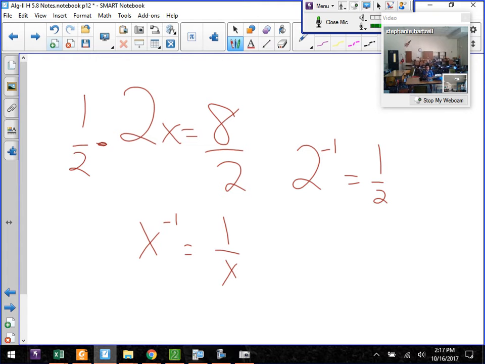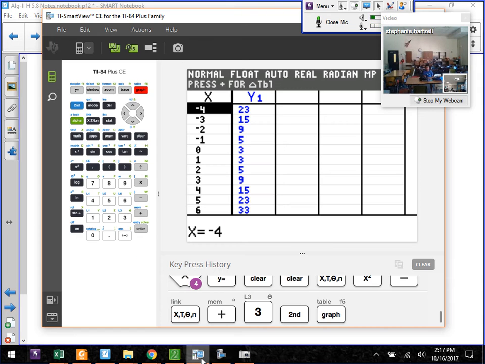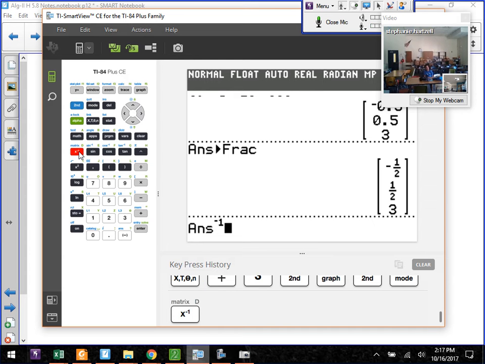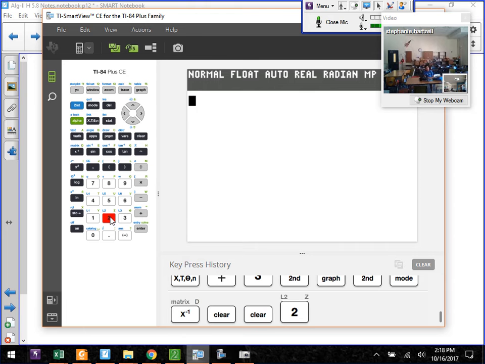This symbol can be found on a calculator. Really? I would not lie to you. So what I want you to do real quick is type in 2 to the negative 1. If I type in 2 to the negative 1, it's going to find the reciprocal, or it's going to use what's called the inverse.